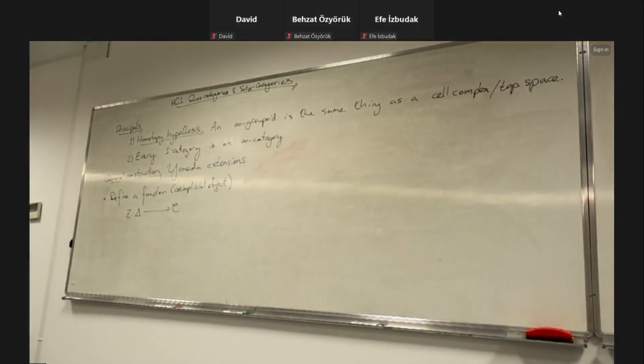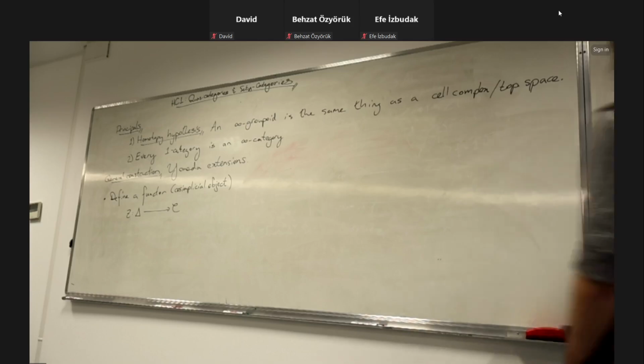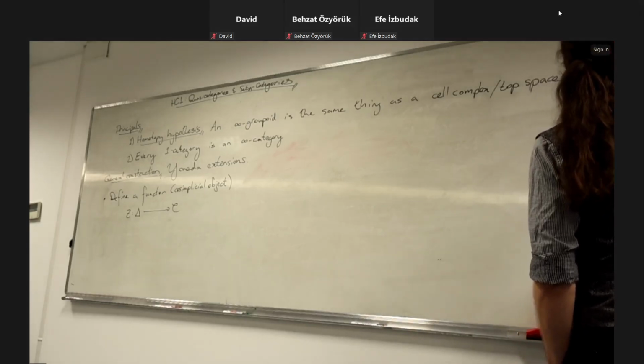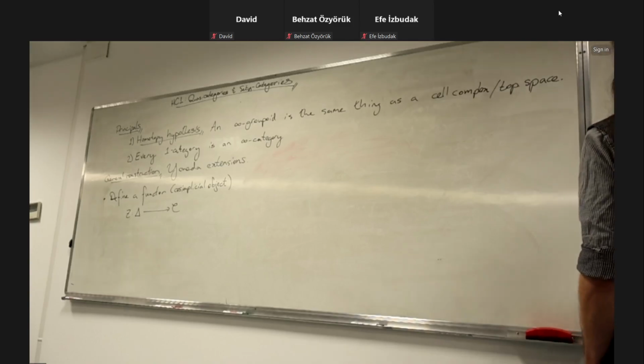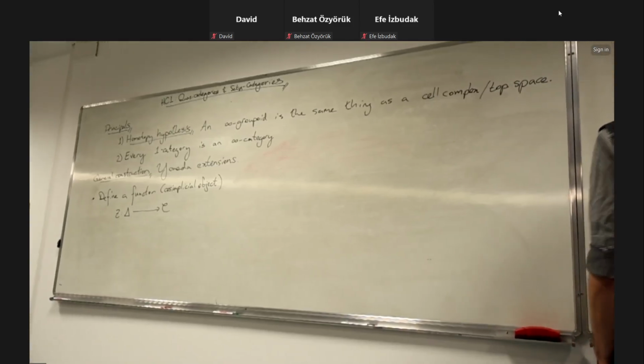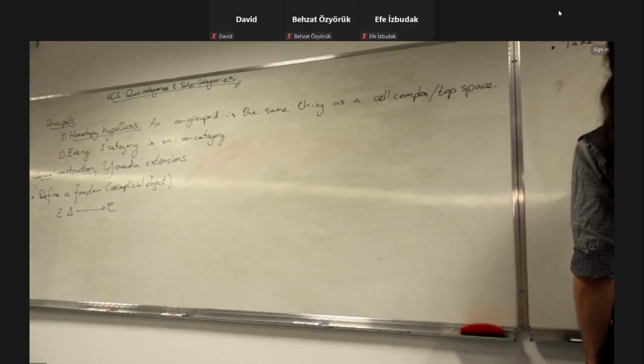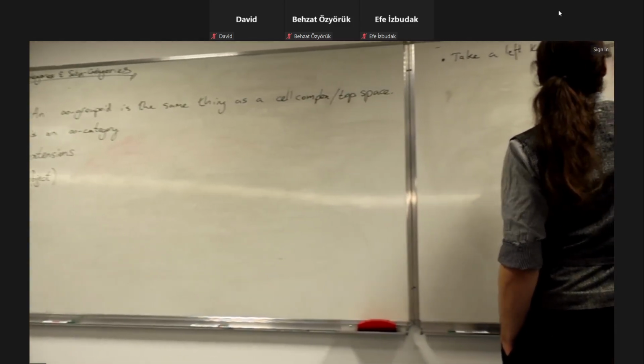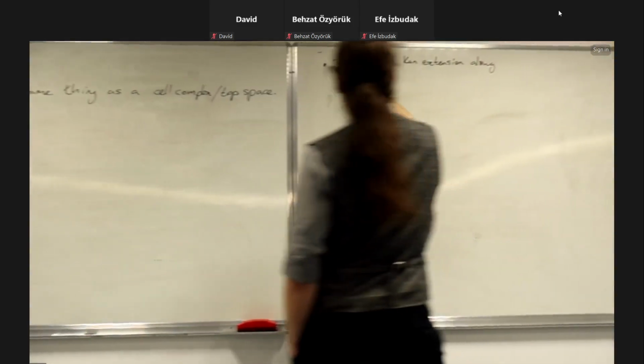Okay, so to construct a Yoneda extension, we first define such a functor, a cosimplicial object. Then we take a left Kan extension along the Yoneda embedding.